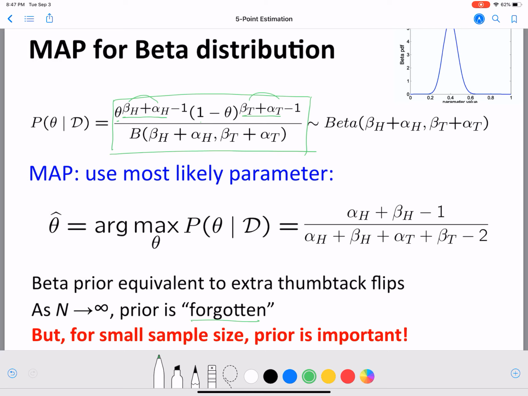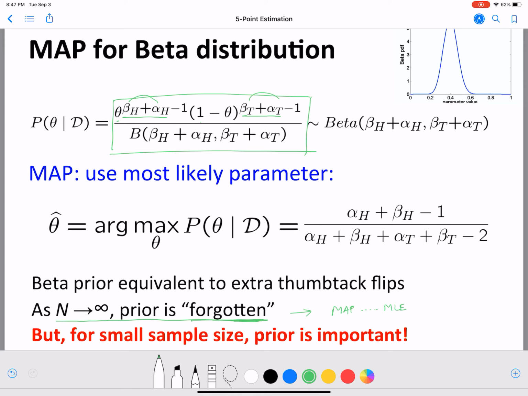So keep that in mind: as n tends to infinity, the prior mostly does not matter much, and it could just not be relevant in the posterior. In that case MAP would approach MLE, because the data is what is driving it.